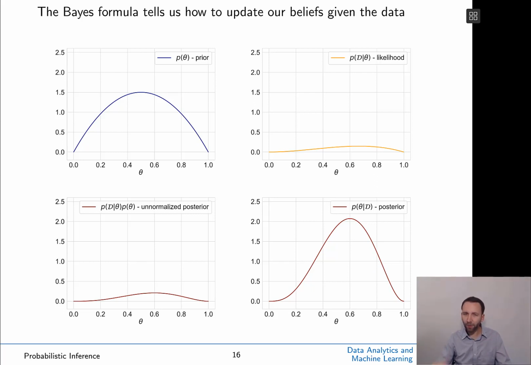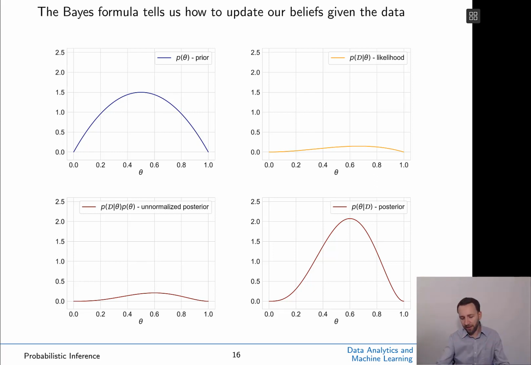And what do you see now? We see the following. While the likelihood has its mode here, for example in the experiment where we had something like 70%, our prior belief was that coins are mainly fair, so 50%. We see that the posterior is somewhere in the middle, in this case around 60%. So we really have these two factors: the likelihood, which says 70, and the prior, which is close to 50.